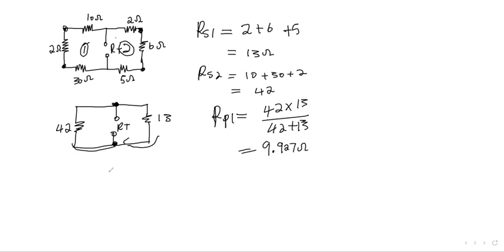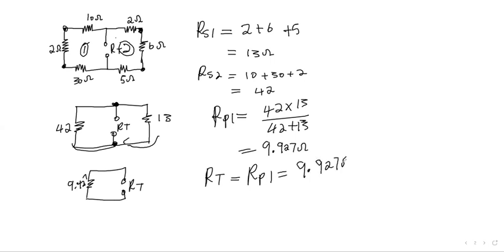Anyhow, still fine. Therefore, I will have my opening here, RT, and then my resistor here is 9.927 ohm. So I have one resistor and my opening. That means RT equals RP1 equals 9.927 ohm.